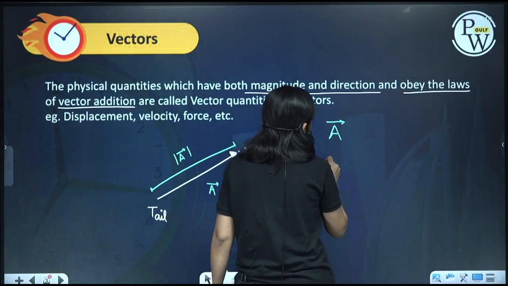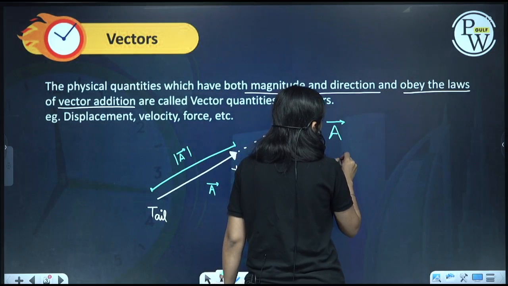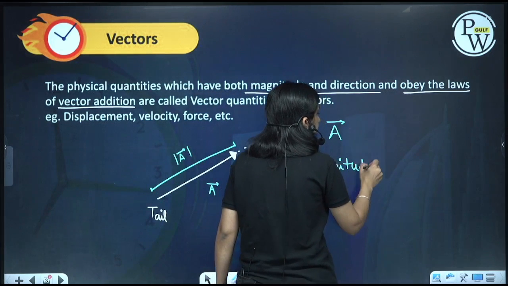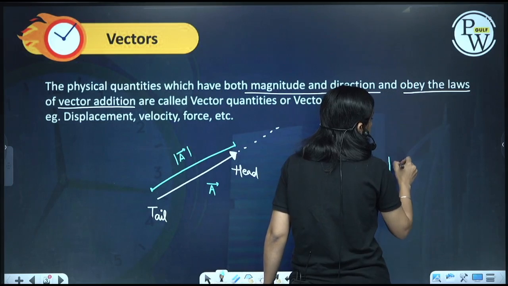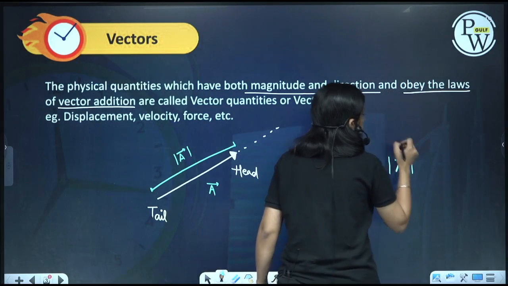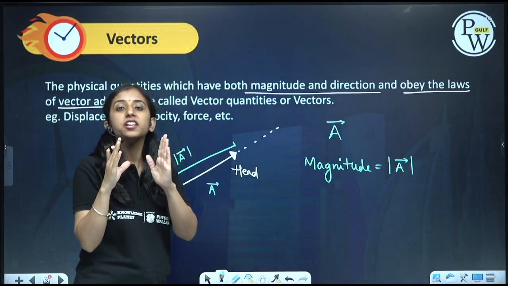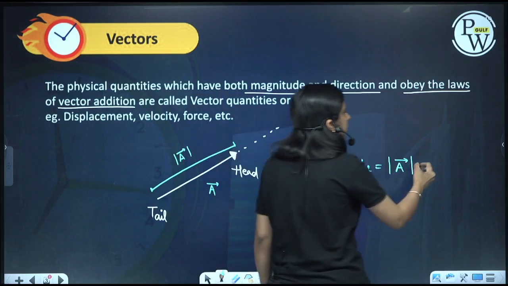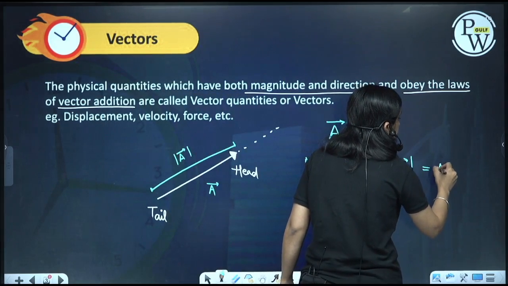How do we write magnitude? Magnitude is written as mod of a vector. Okay, this mod of a vector will give me its magnitude, or sometimes it is also written as simply a.